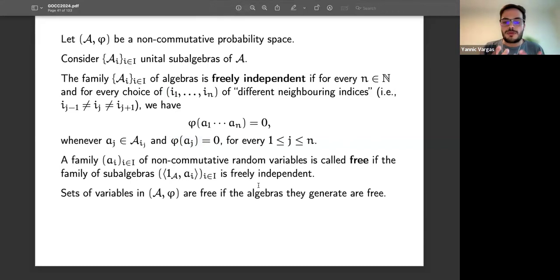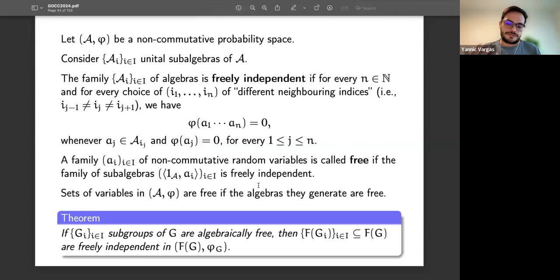Okay, so a set of variables will be free if the algebras that they generate are free. And the link with the toy model that I presented before is that if I take subgroups that are algebraically free, then those algebras will be subalgebras of the group algebra, and they will be freely independent in the sense of this definition.